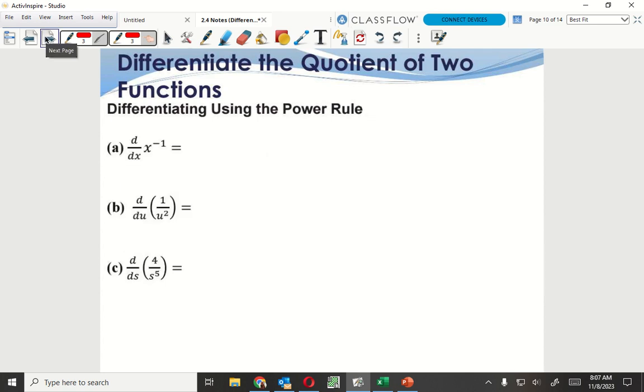All right. Now, I'm going to use the power rule for this. This is called that voodoo magic. So, what's the exponent on this first one? Negative 1, right? So what do I do with that negative 1?